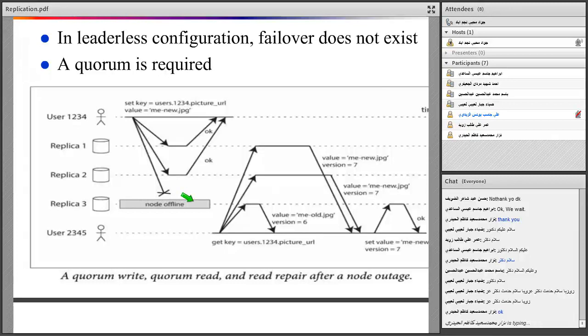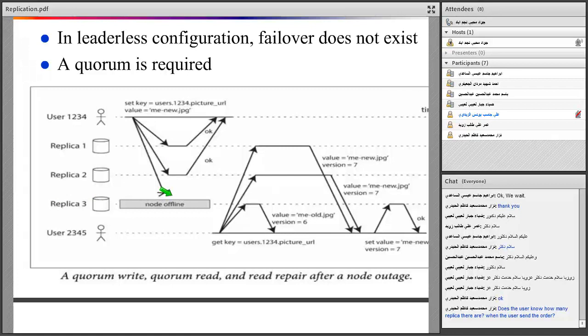And we need durability in a database. So this request, which is sent from the user, is confirmed, and all replicas should have this data.